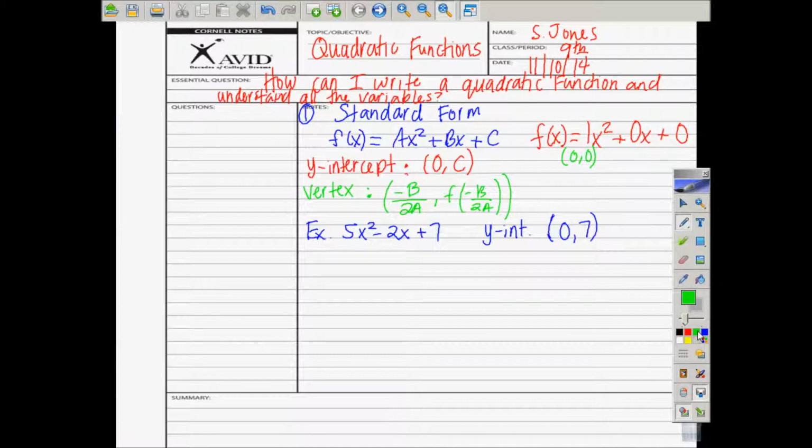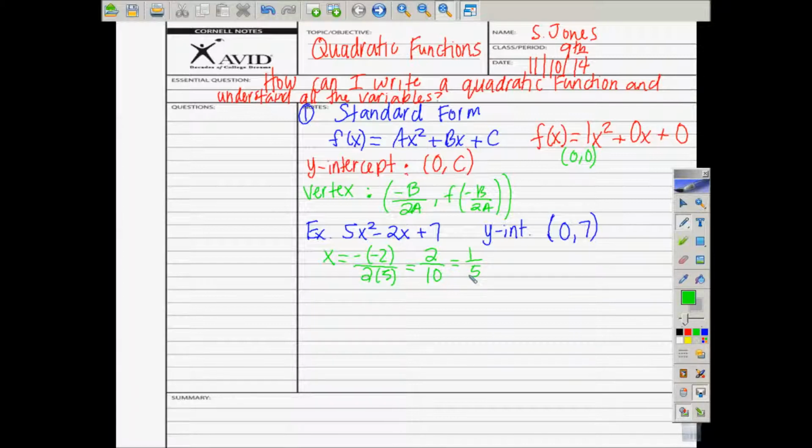Next, I should be able to find my vertex. So vertex, first I find the x by doing what? Negative b over 2a. Okay, so it's negative negative 2 over 2 times what? A negative times a negative is a positive, and 2 times 5 is 10, which reduces to 1/5.